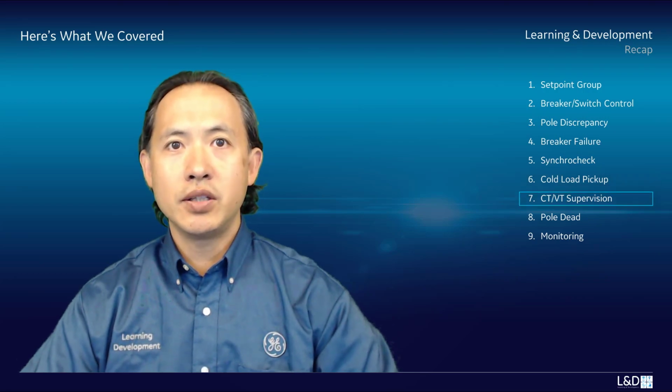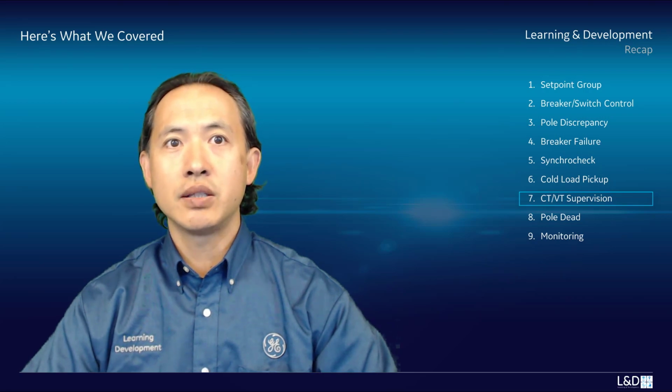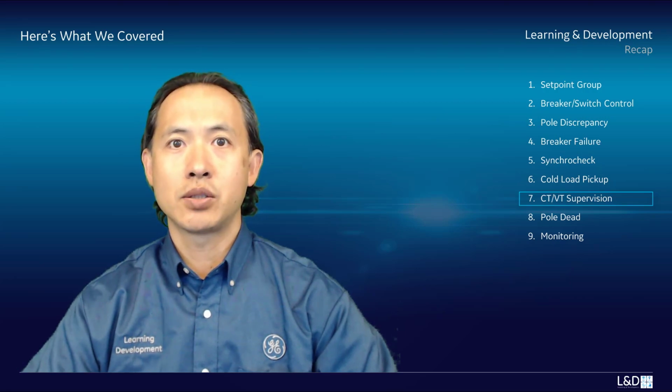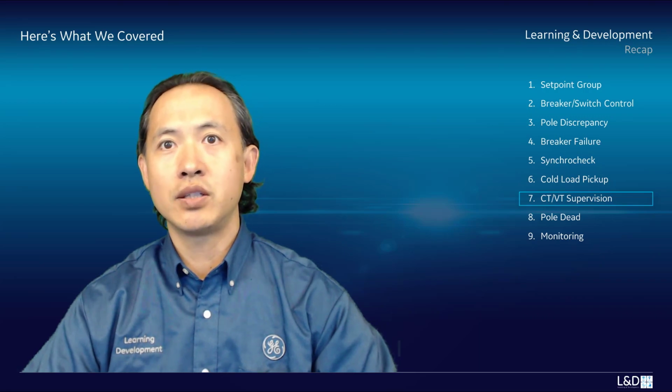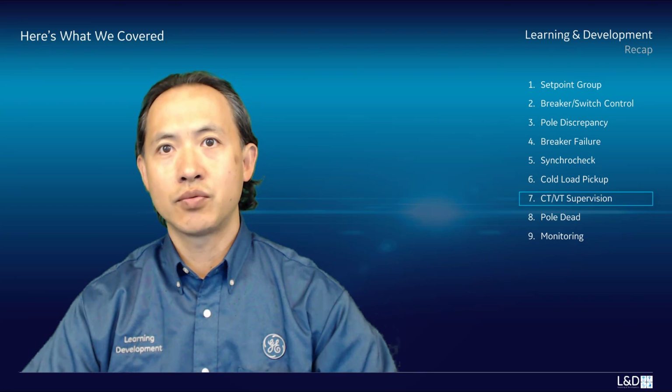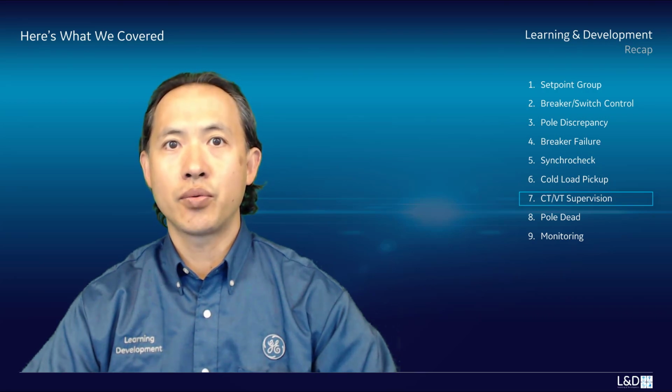In the CTVT supervision session, we learned the 3 distinct checks for the CT supervision: sequence check, differential check, and the symmetrical check, as well as 2 scenarios with respect to the failure of the VT inputs, loss of 1 or 2 phase voltage, and loss of all 3 phase voltage.